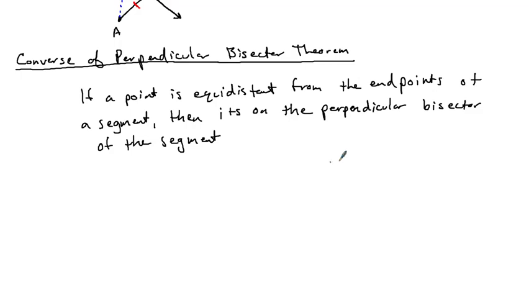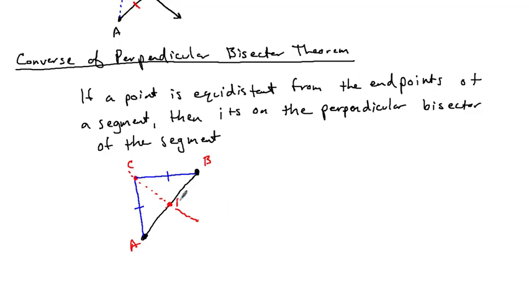Okay, so if a point is equidistant from the endpoints of a segment, so we need a segment, and we need some point, right? So here's our point out here. So let's see, C, A, and B again. And if it's true that C to A is the same distance as C to B, then point C is on the perpendicular bisector.